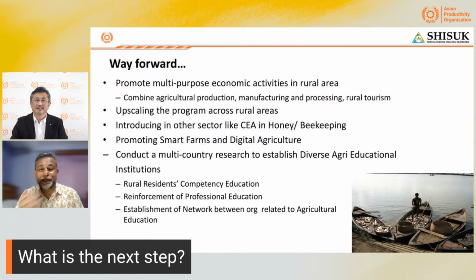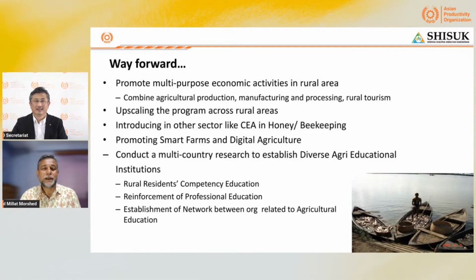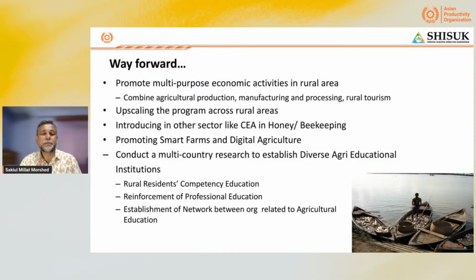Thank you. Yeah, it is about 25 years. We initiated in 97, so we have almost crossed 25 years. Now, we are ambitious to promote multi-purpose economic activities in our community enterprise initiatives, meaning combining agriculture production with manufacturing and processing. So far we are doing the raw material production, like the fish itself, but there is little we have done for value addition.